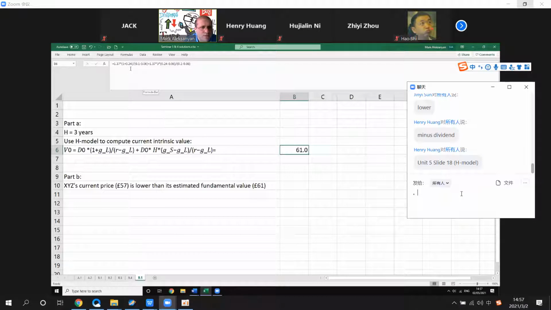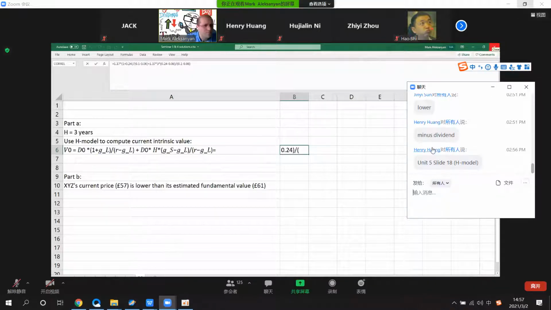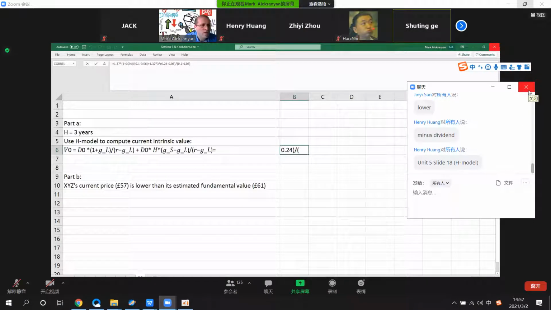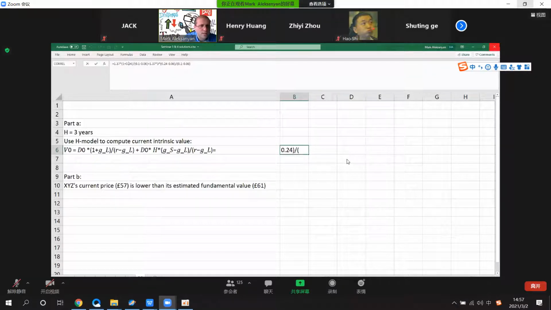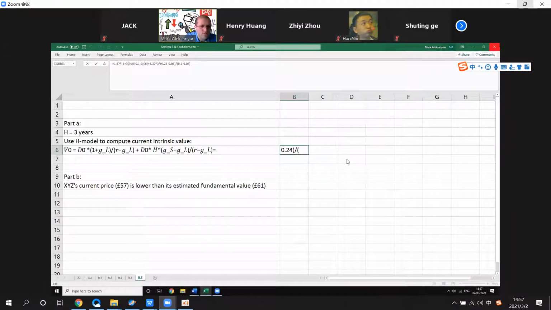Looks like, guys, I think I've made a mistake. It shouldn't be 0.24, I think it should be 0.6. If that's the formula, we need to put in 6, not 0.24. Let me just correct it quickly. 0.6.